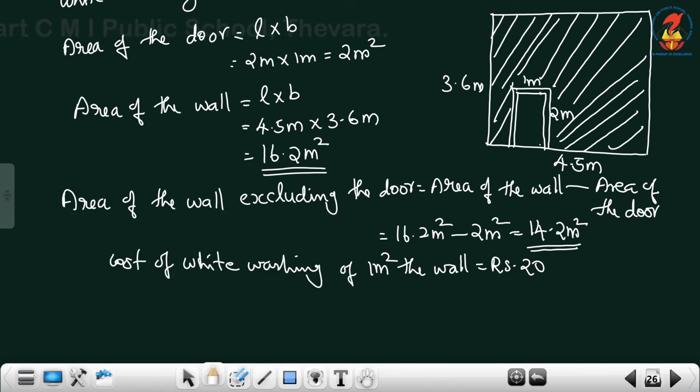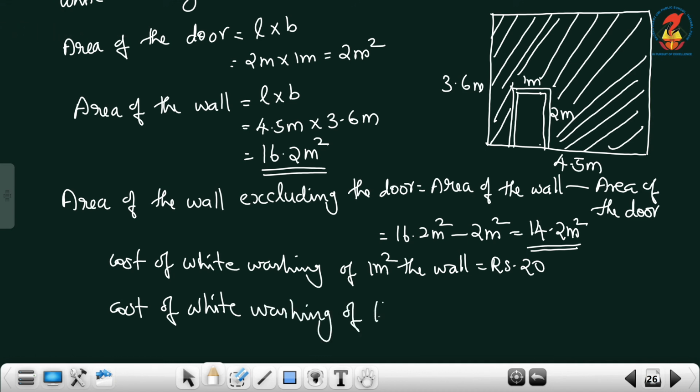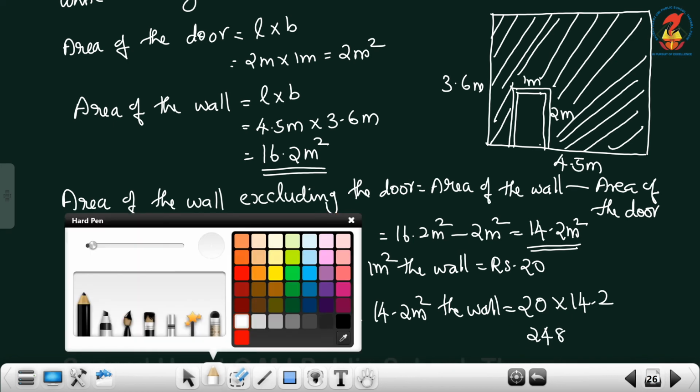Next, the cost of whitewashing the wall, 14.2 meter square, equal to 20 into 14.2 equal to 248 rupees.